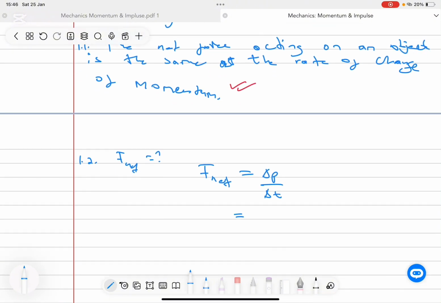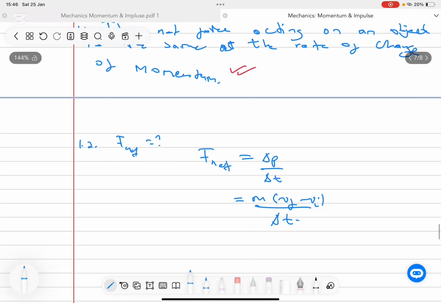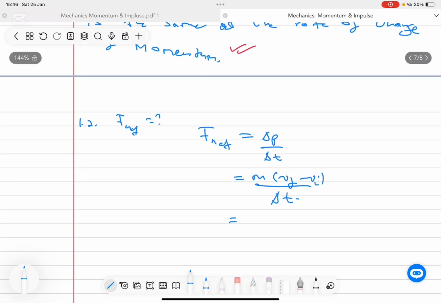momentum. Now, at this stage, I'm going to write this as m times (v minus v initial). Remember that this is another way of writing change in momentum. Then I'm going to divide by the change in t. And I'm going to substitute at this stage to say my mass is 0.7.